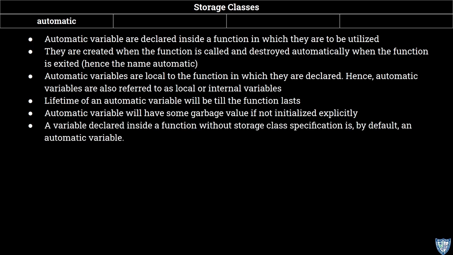And how can you say that the storage class of my variable is automatic? You can specify the data type of a variable by putting the data type before the variable name. For example, int a. But how can you say that my variable is automatic?